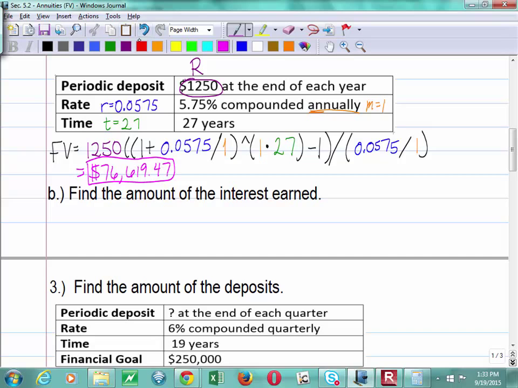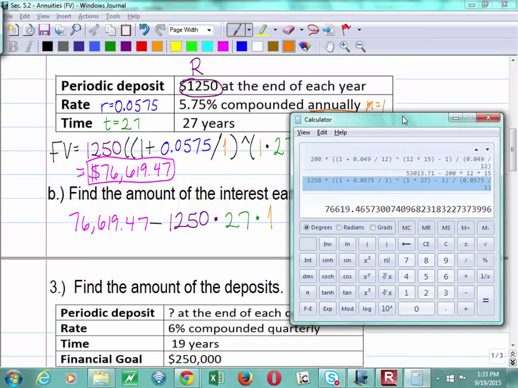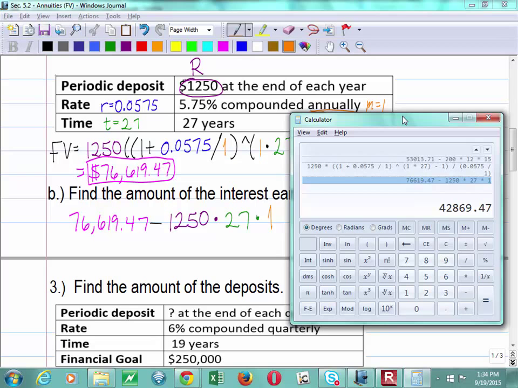So the amount that came from interest, we'll just take that amount and then just subtract the total amount of the payments, which would be $1,250 times 27 times 1. We go to the calculator, $42,869.47.